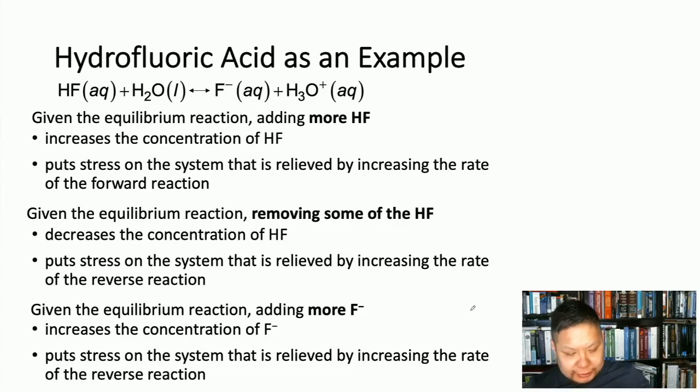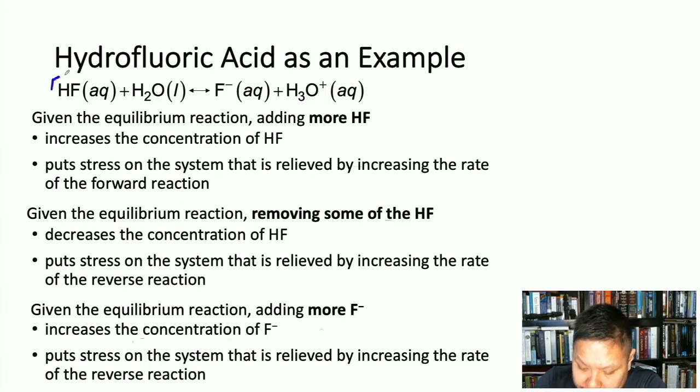So if we want to use hydrofluoric acid, again, as an example, we've been using it a lot because it's a very quintessential weak acid, right? Again, remember what I said before. You don't have to worry about equilibrium with strong acids. You only have to worry about equilibrium with weak acids. So let's use hydrofluoric acid as an example again, right?